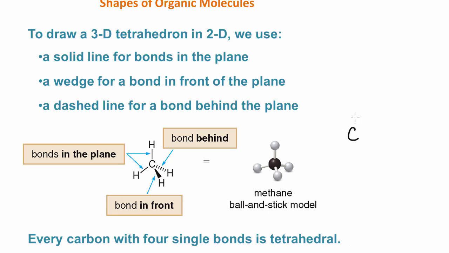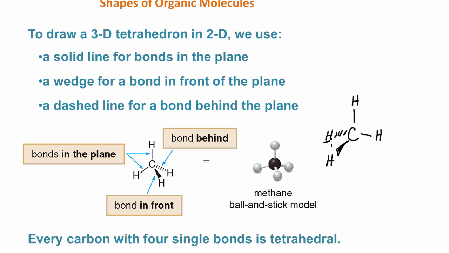I could also draw it this way. So these bonds here are in the plane of the paper, and then one bond is behind, and then the other bond is in the front. It's coming at you, it's pointing towards you.